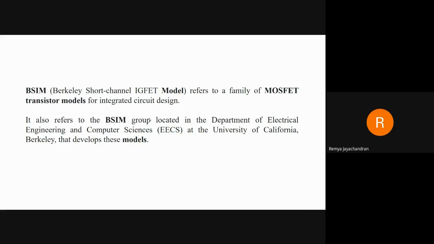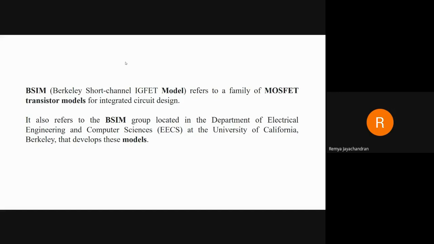Using this model, we design the circuits, simulate the circuits, analyze the response, and go for the fabrication of the circuit.